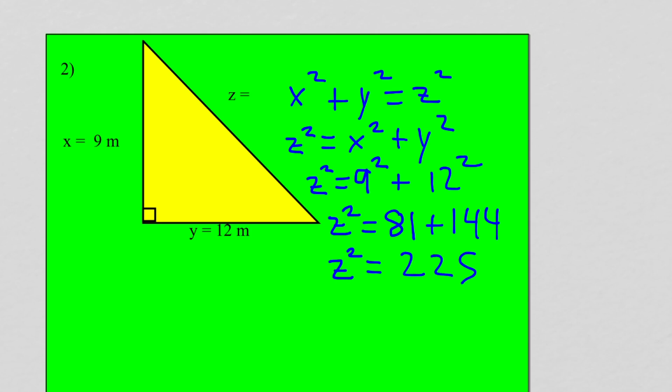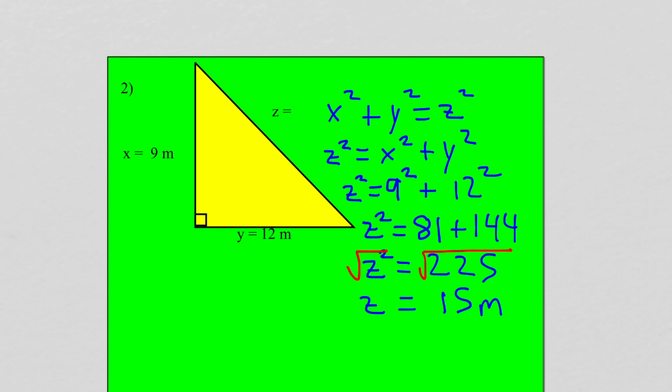But we want to know the value of not z squared, but z, so we square root both sides. And when we square root z squared, we get z. And when we square root 225, we get 15, and that's meters. So the length of the hypotenuse, the longest side of this right triangle, is 15 meters. And we would say 9, 12, and 15 are a Pythagorean triple.